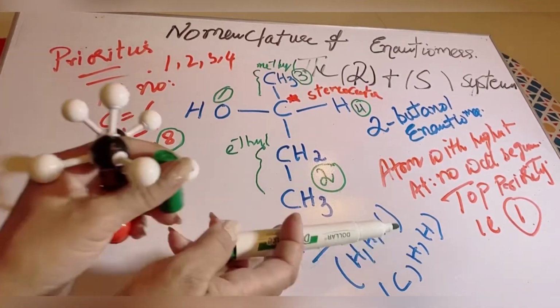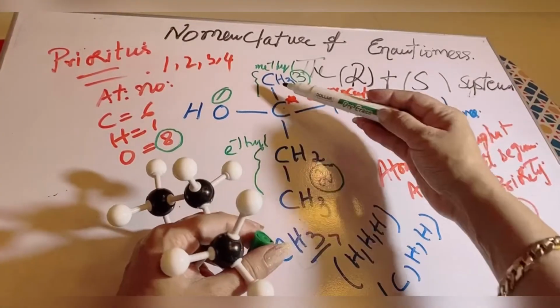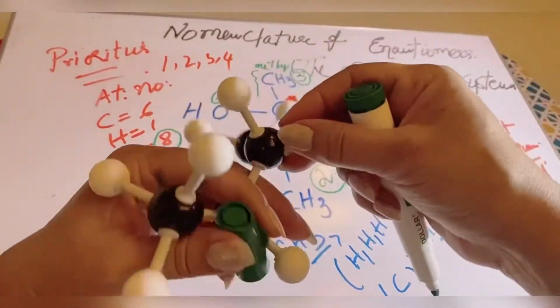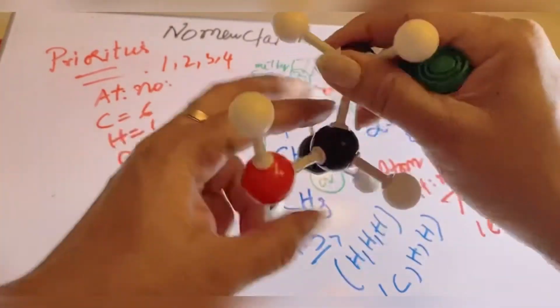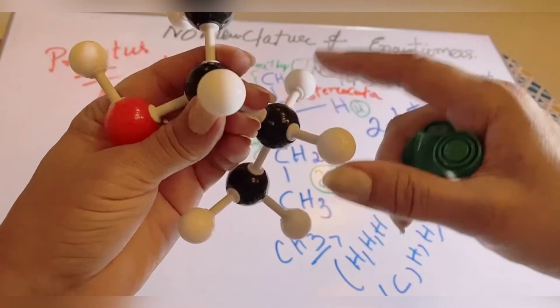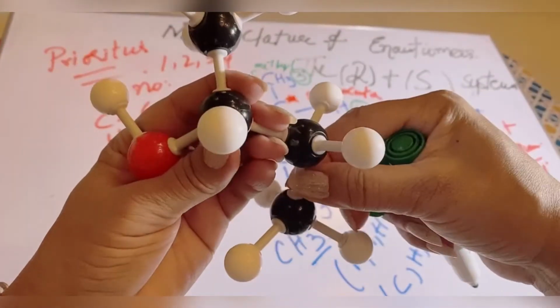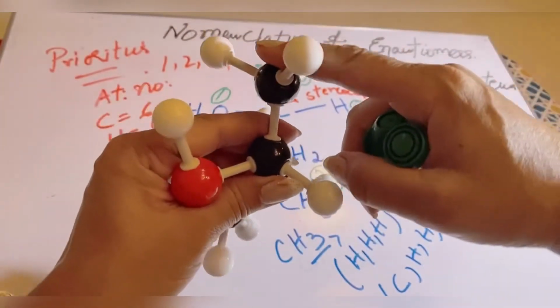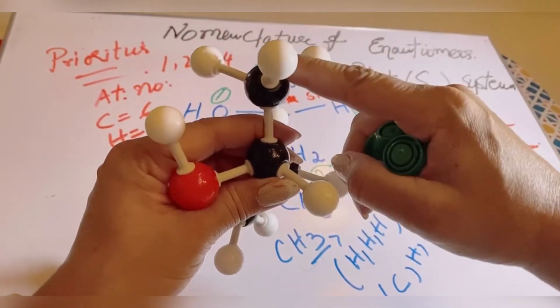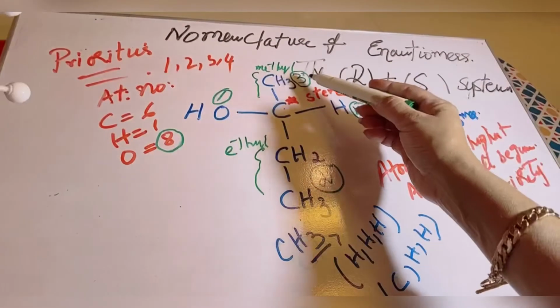If you compare, this methyl group over here has 3 hydrogens, whereas this ethyl has 1 carbon and 2 hydrogens as the next set of atoms. So ethyl will be given the next priority, and the second last priority will be given to the methyl group, that is this one. So it would be given number 3.